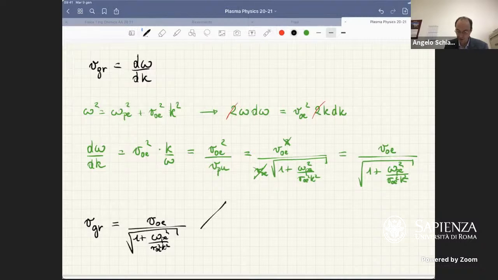The group velocity goes to V0e for k going to infinity. It's the same as saying that the wavelength of the wave goes to 0, so very short wavelength, and the group velocity goes to 0 when the wave number goes to 0, so the wavelength goes to infinity.